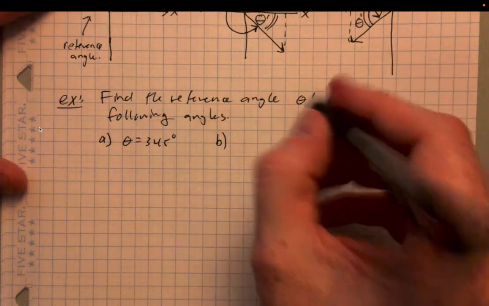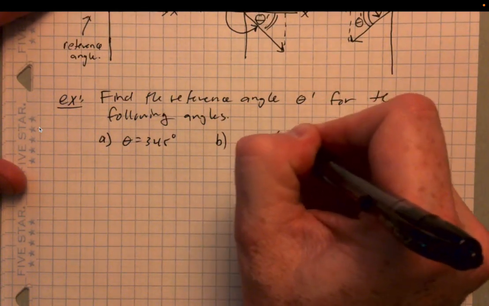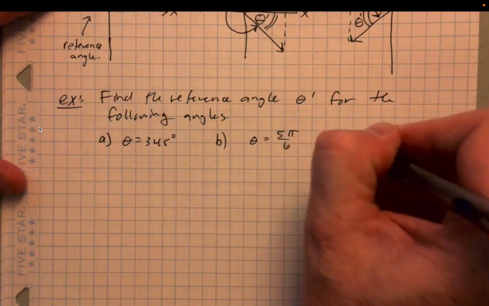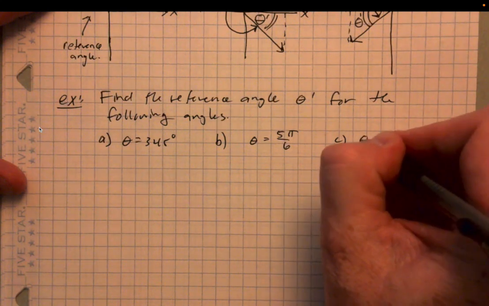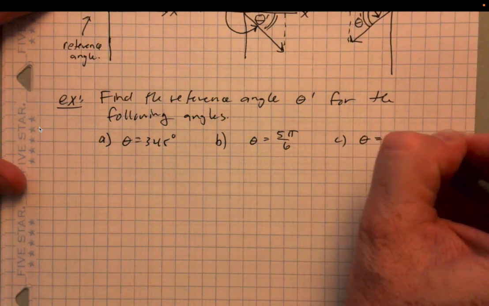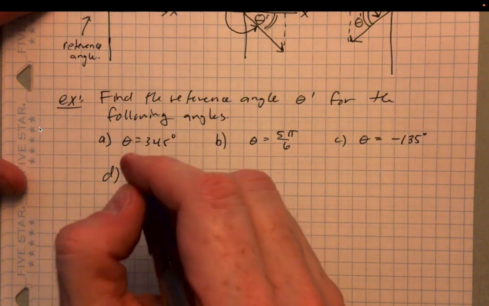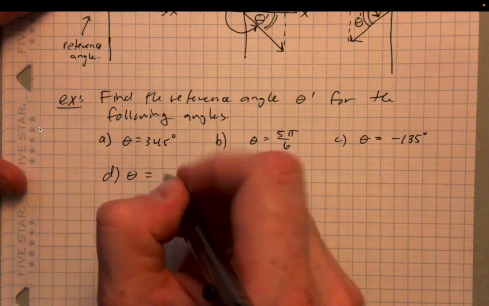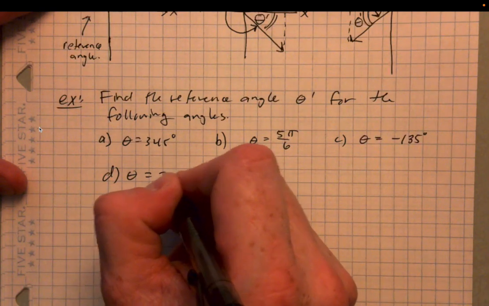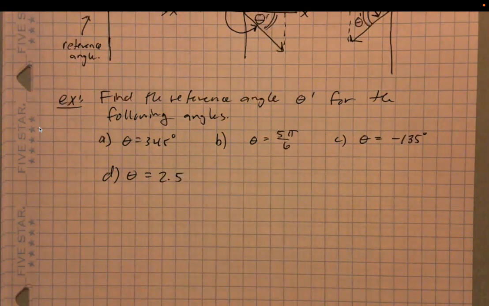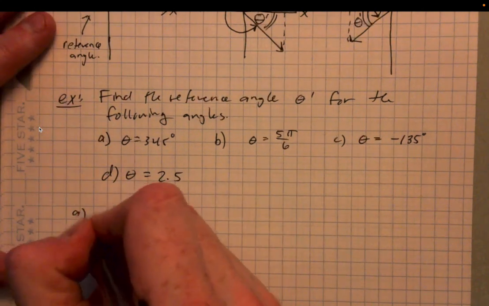B, theta equals 5 pi over 6. C, theta equals negative 135 degrees. D, theta equals 2.5 radians.